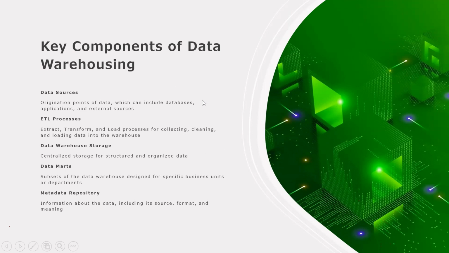So I'm trying to join the data which is available on both the sources. Finally, I'll load them to my data warehouse. So the warehouse is a place where we can see the complete data of my business at a single place. That's why it is called centralized storage for structured and organized data at a single place.